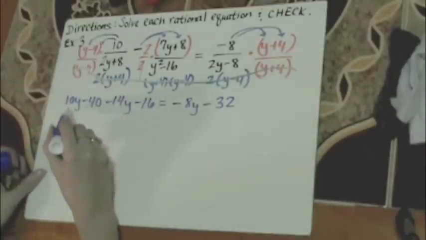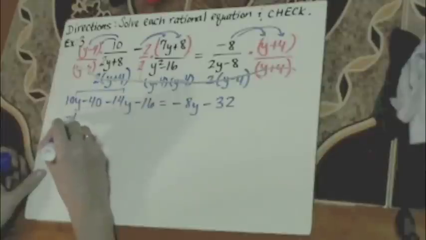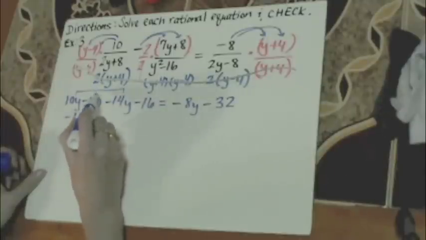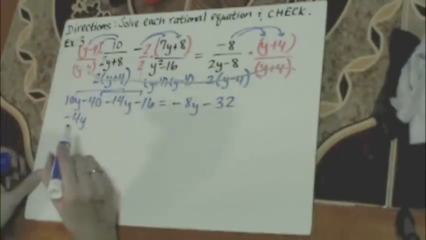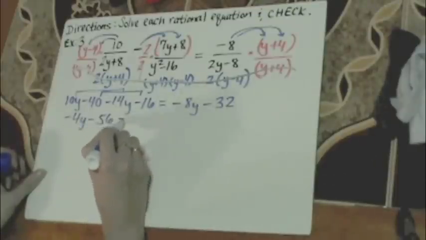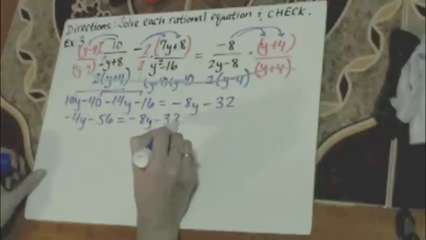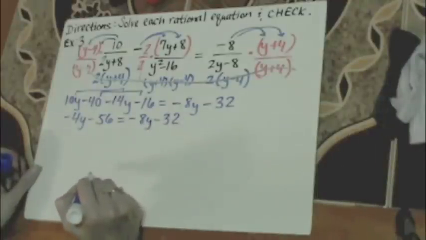Okay, so I'm going to combine like terms. So I've got 10y minus 4y, which gives me a negative 4y. And then I've got a negative 40 minus 16, which gives me a negative 56, equals negative 8y minus 32. And we're going to just do a couple algebra steps here.